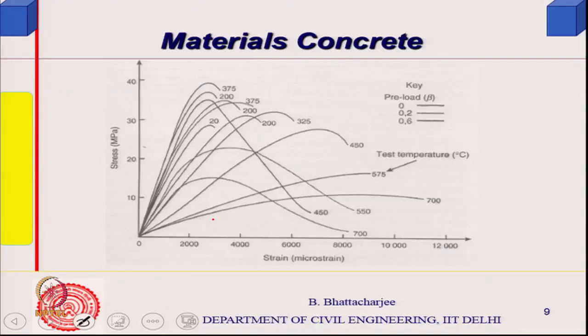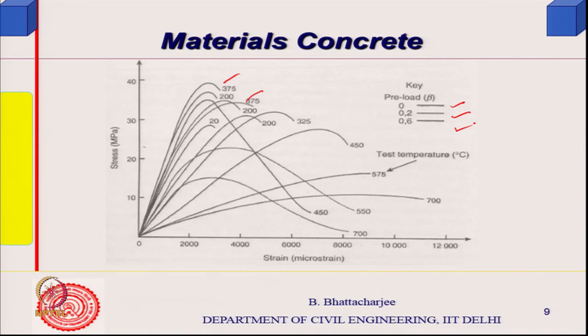Now, if you look at stress strain behavior, I think that is what we are looking at. There are 3 cases, as you can see, 375, 375, and there must be another 375, or only 2 cases being shown here. You see the issue, one is 0, another is 20% load, some cases 60%, already preloaded to 60%.